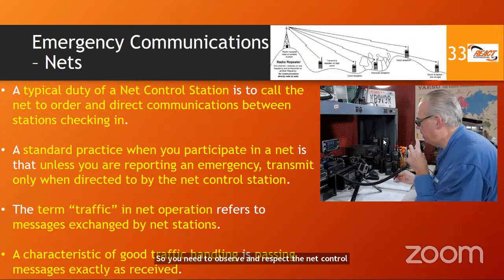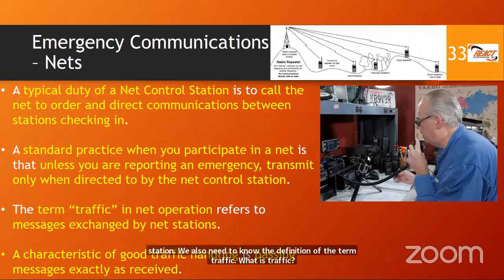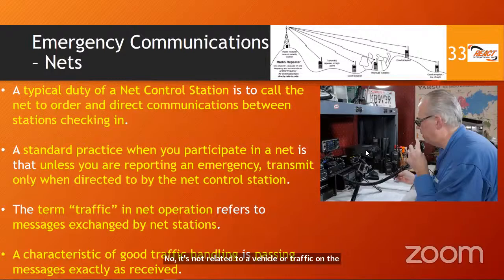We also need to know the definition of the term traffic. What is traffic? No, it's not related to vehicular traffic on the roadways. Traffic is really messages that are exchanged. You have the network in operation, all of these operators talking to the net control station, and there are messages going back and forth. That is considered traffic. So the term traffic in net operations refers to messages exchanged by net stations.